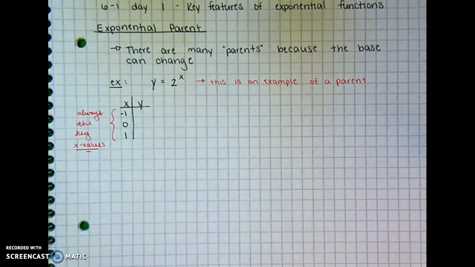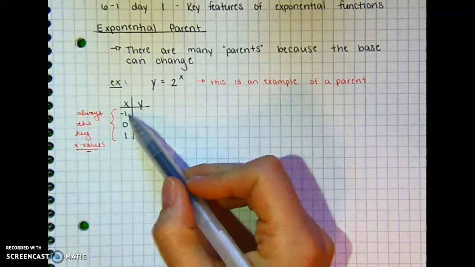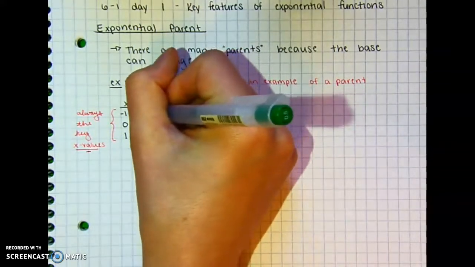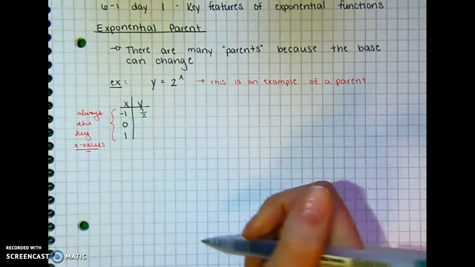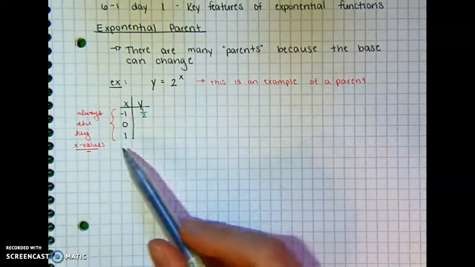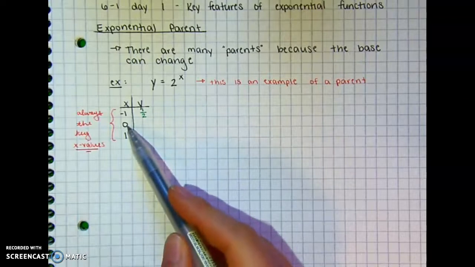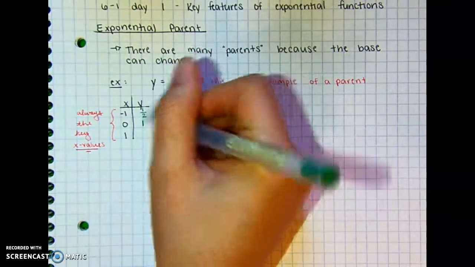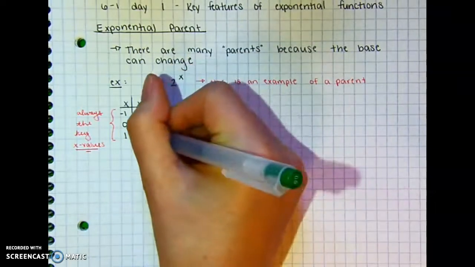Y values are going to change depending on the parent. So for this one, we're going to substitute -1 in for x, and you get 1/2, right? Because anything to the -1 power we can write as the reciprocal. 2 to the 0 power is 1, and 2 to the first power is 2.